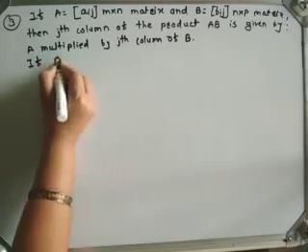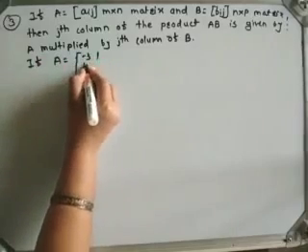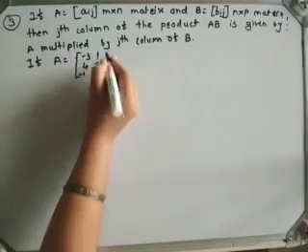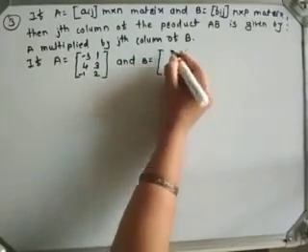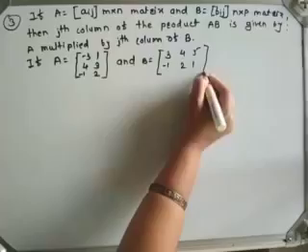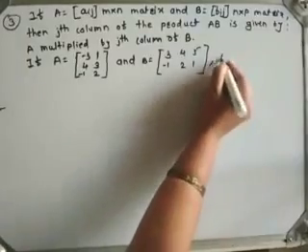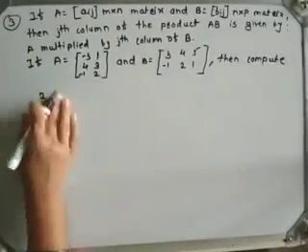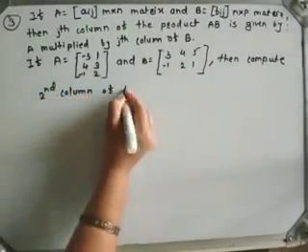If A is equal to the matrix [-3, 1; 4, 3; -1, 2] and B is equal to the matrix [3, 4; 5, -1; 2, 1], then compute the second column of AB.